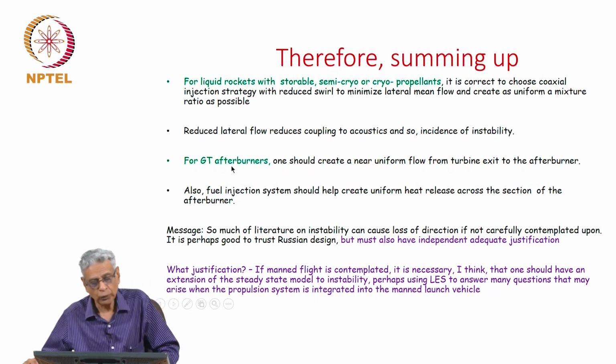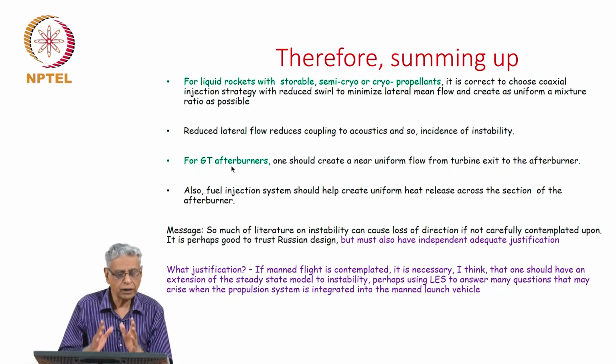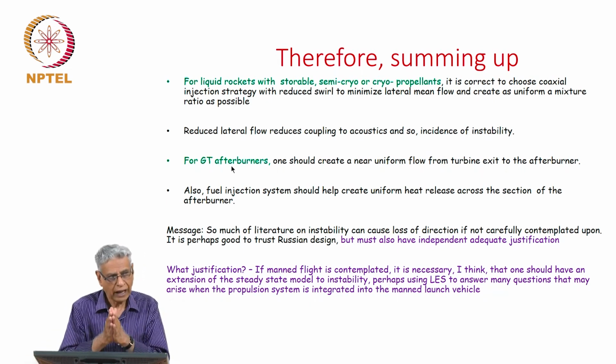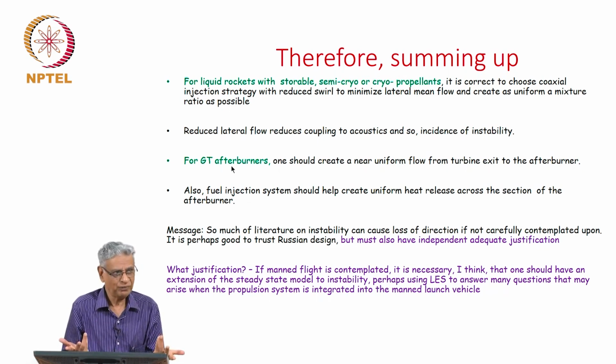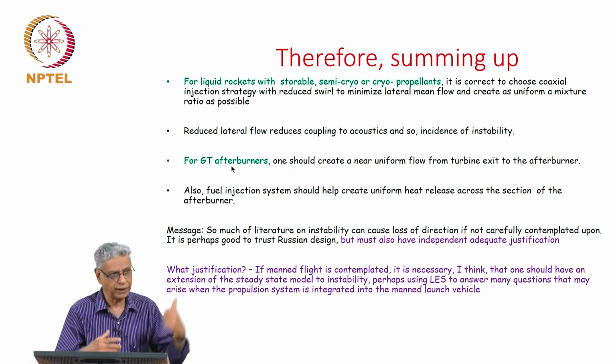Also, I must tell you, the GTRE team took their afterburner, it was tested in Russia. There, the connected pipe mode test had uniform flow. There was no instability. There is a proof of this idea that came out in the actual test.